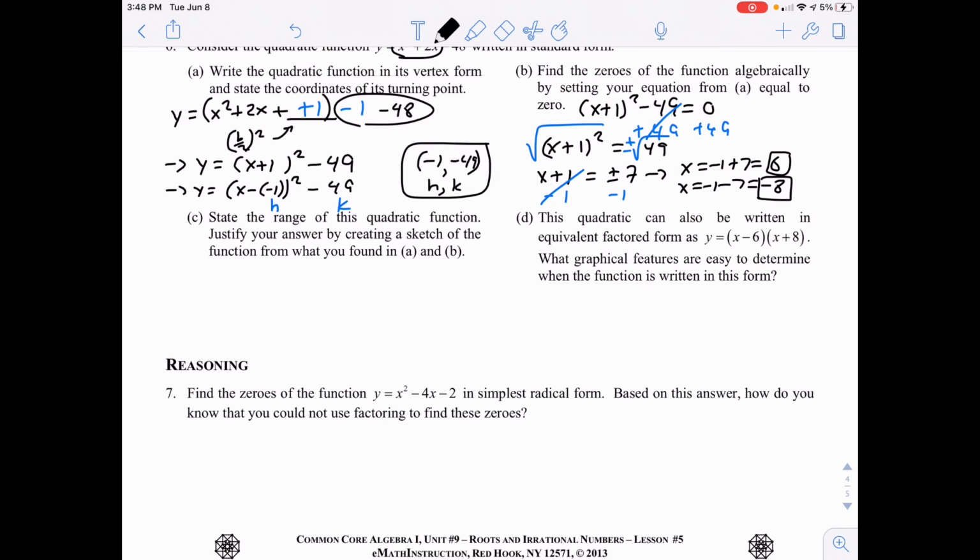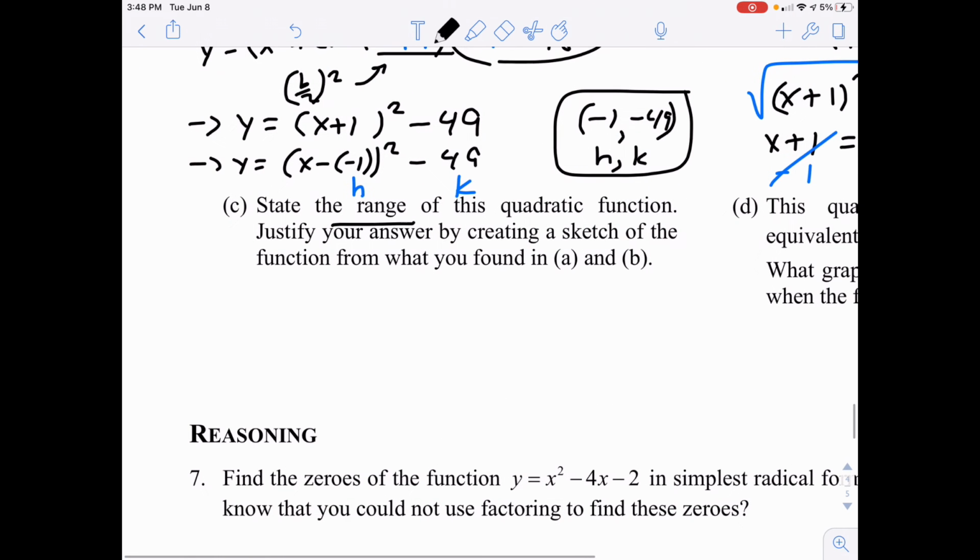Part C. State the range of this quadratic equation and justify by creating a sketch of the function from what you created in A and B. Okay, the range of the function would be all y values. The domain is all x values. The range is all y values.